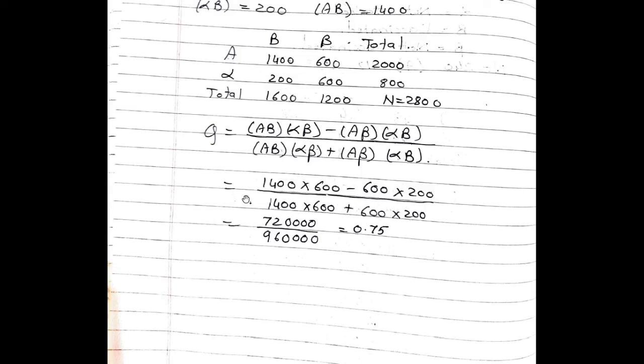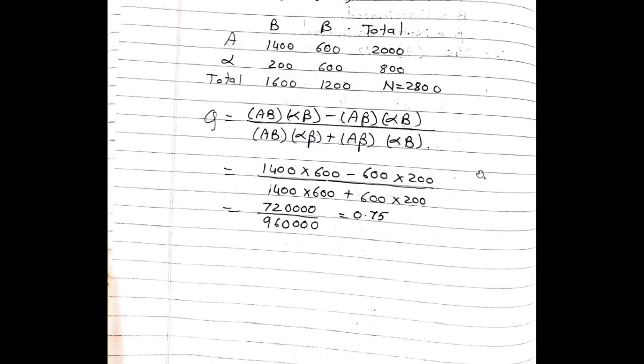So this is equal to 1400 into 600 minus 600 into 200 divided by 1400 into 600 plus 600 into 200. So that is nothing but 7,20,000 divided by 9,60,000, which is equal to 0.75. So we can say that the skill and residence, two attributes, are positively associated.